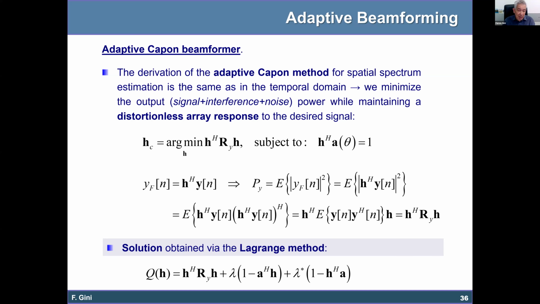If we don't make this assumption, we deviate from that procedure. So if we leave Ry here and we solve this problem in the usual way by using the Lagrange method, we want to minimize Q with this constraint, and the constraint is complex, so we need both this one and the complex conjugate.